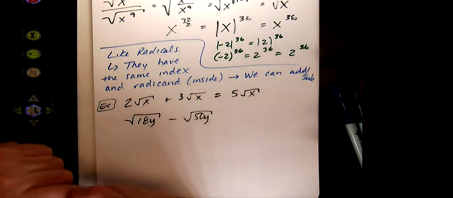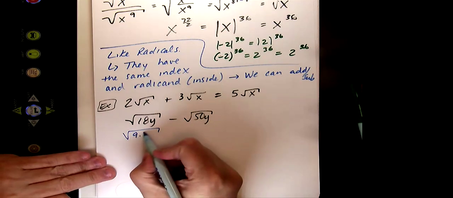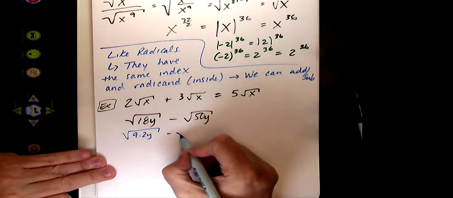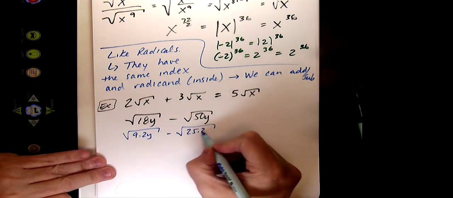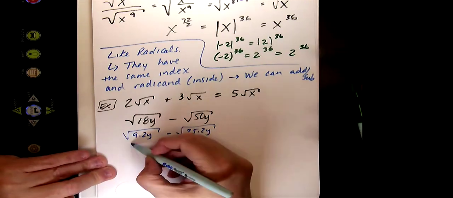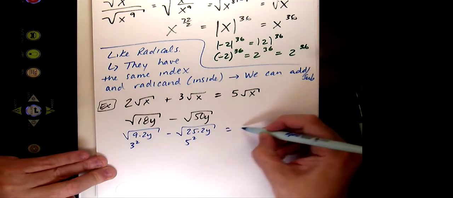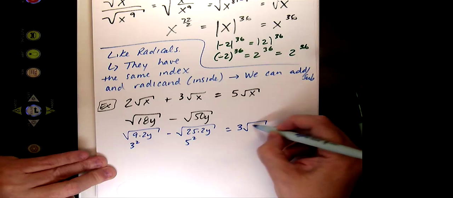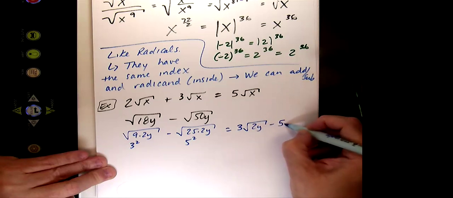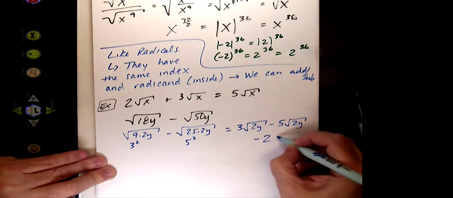But this is 9 times 2y, and that is 25 times 2y, or 3 squared and 5 squared right there. So this is going to become 3 square root of 2y minus 5 square root of 2y, and we get negative 2 square root of 2y.